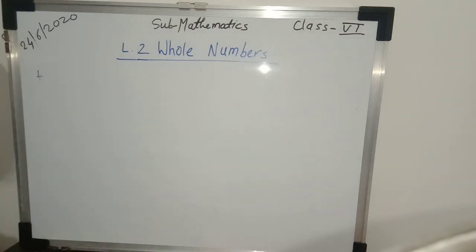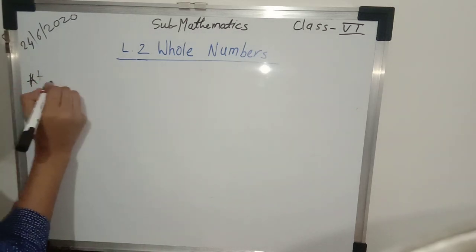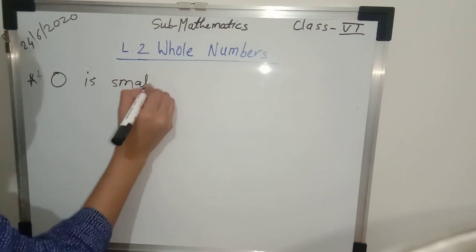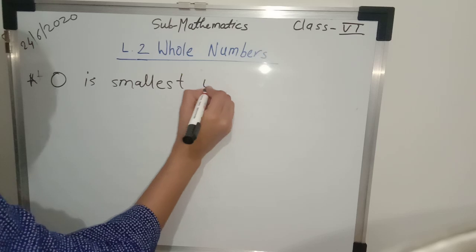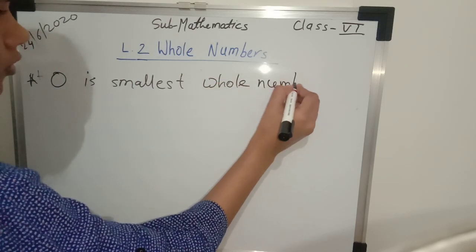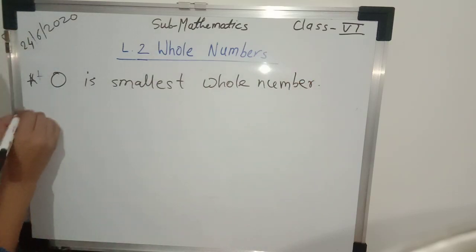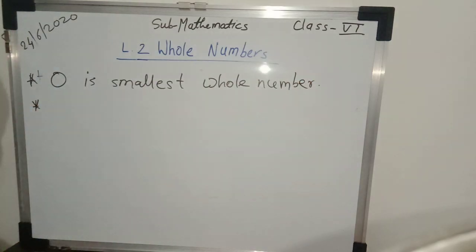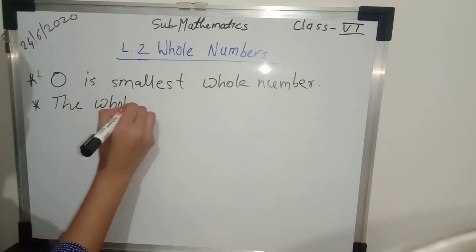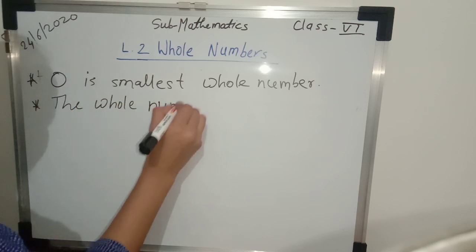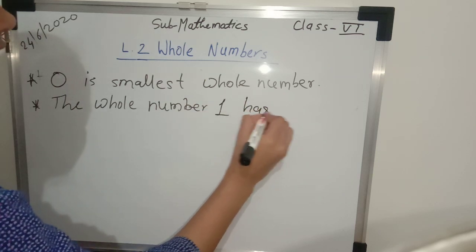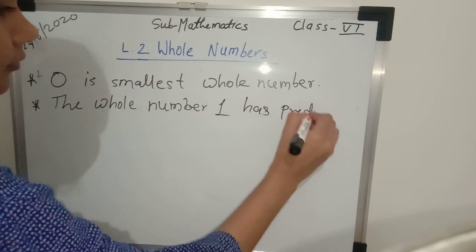Now in whole numbers, 0 is the smallest whole number. One more thing, the whole number 1 has a predecessor.